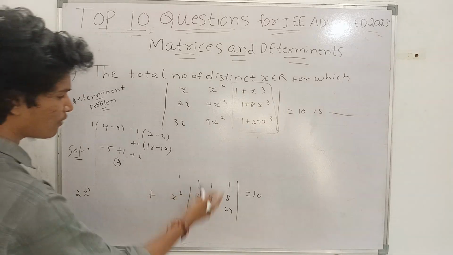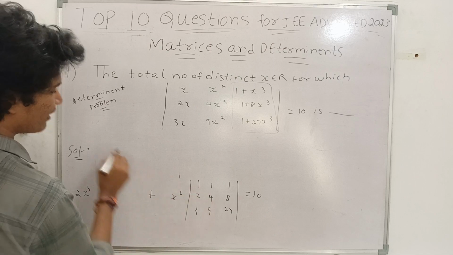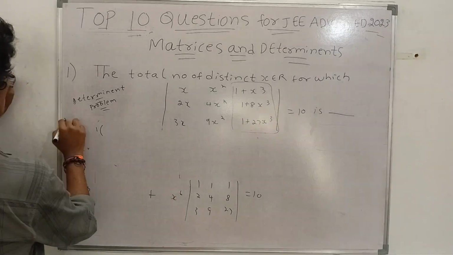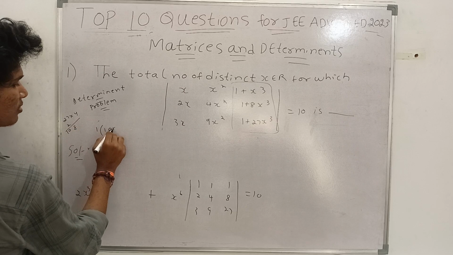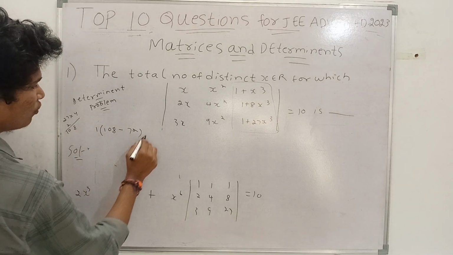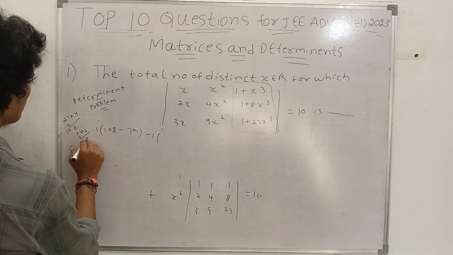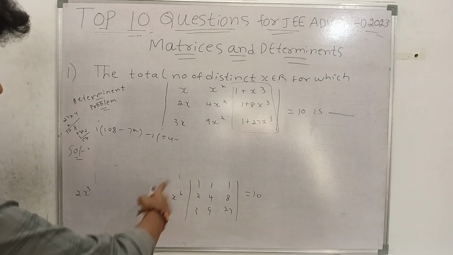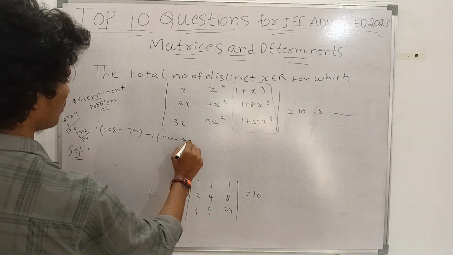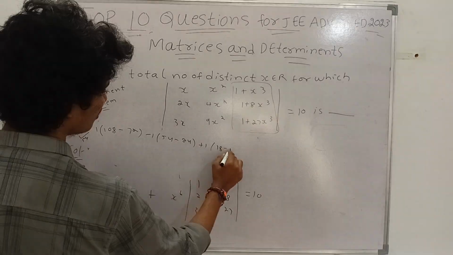2x cube, and now we have to solve this determinant. Here it is 1 into 27 into 4, that is 108, minus 72, minus 1 into 27 into 2, 54, minus 24, and again plus 1 into 18 minus 12.